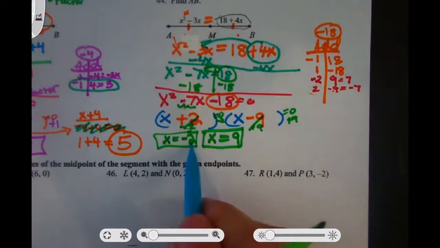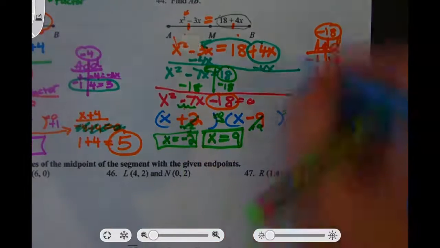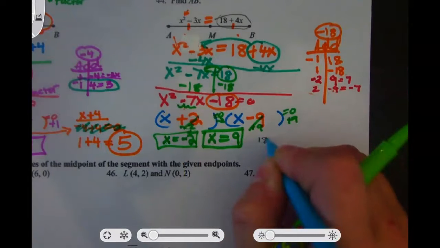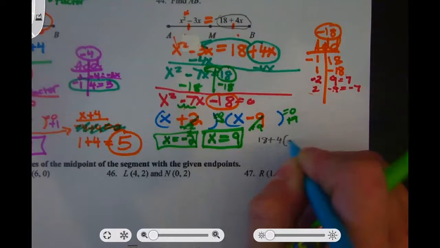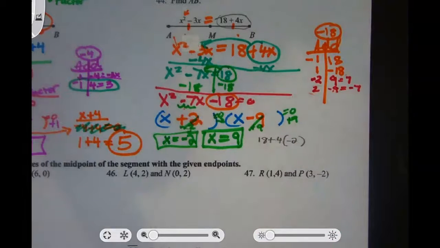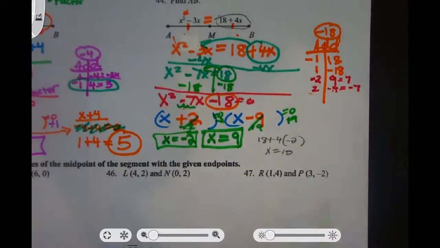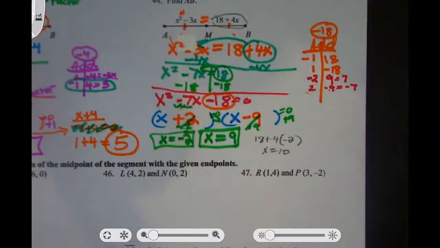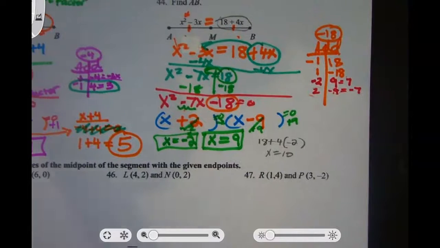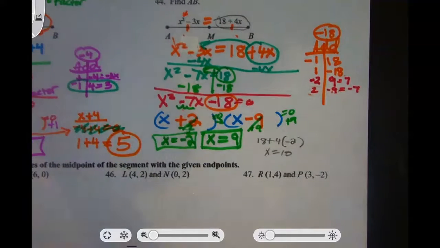I'll start with negative 2 as my x. So I'll do 18 plus 4 times negative 2 and see what I get. So I do get 10 for this one. So that is a positive answer. Let's double check the other one.